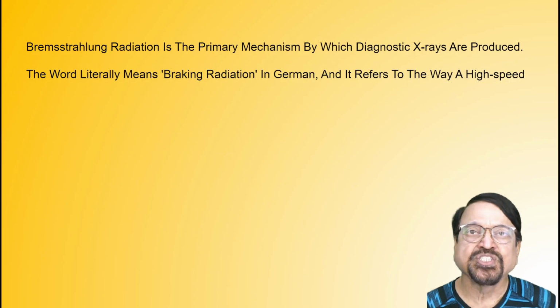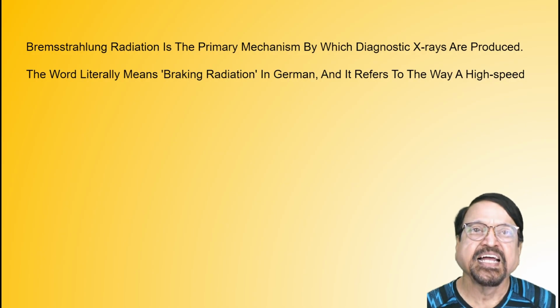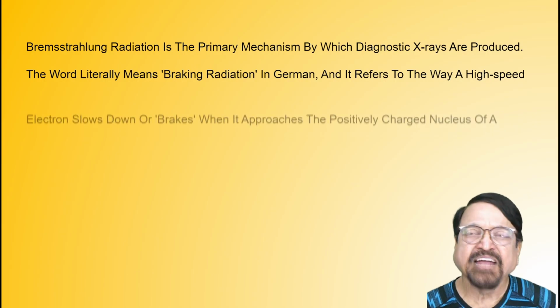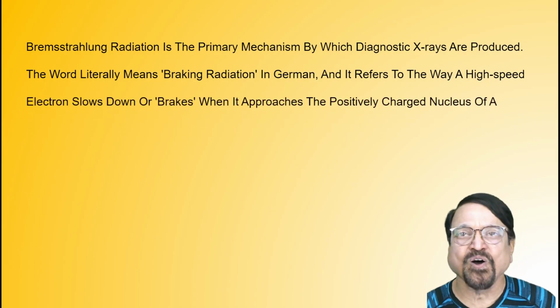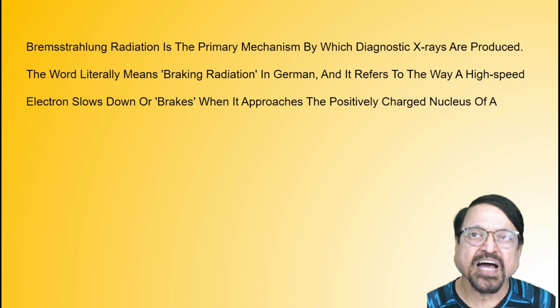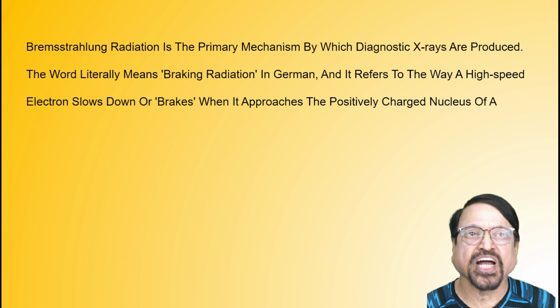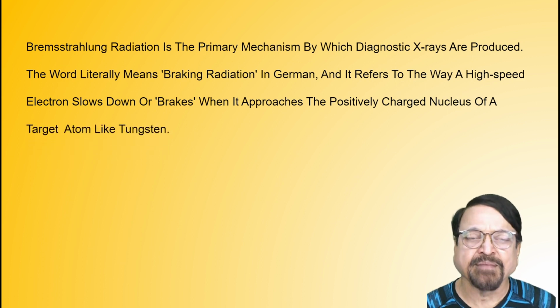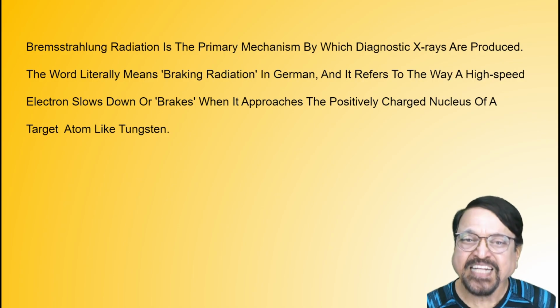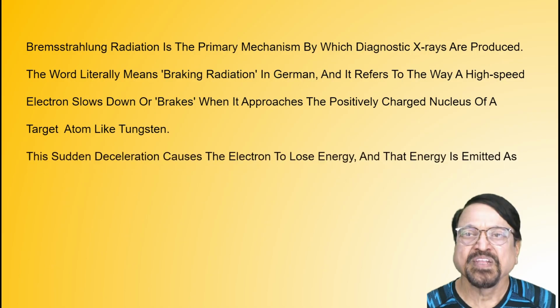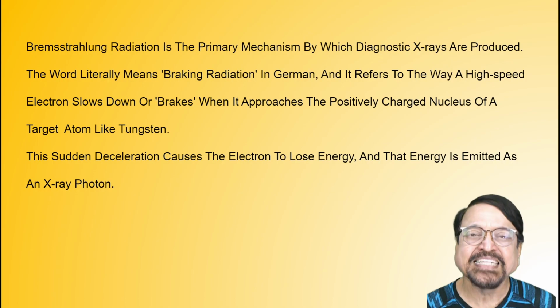The word literally means breaking radiation in German, and it refers to the way a high-speed electron slows down and brakes when it approaches the positively charged nucleus of a target atom like tungsten. Since the process results in braking, hence the name. The sudden deceleration causes the electron to lose its energy, and that energy is emitted as an X-ray photon.